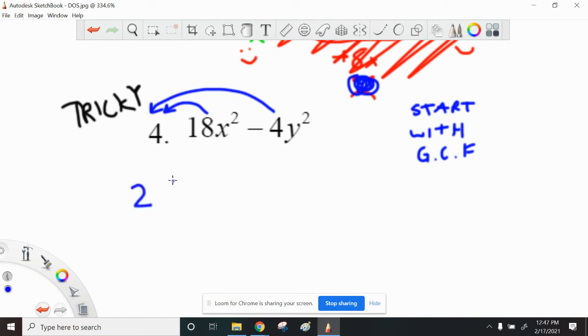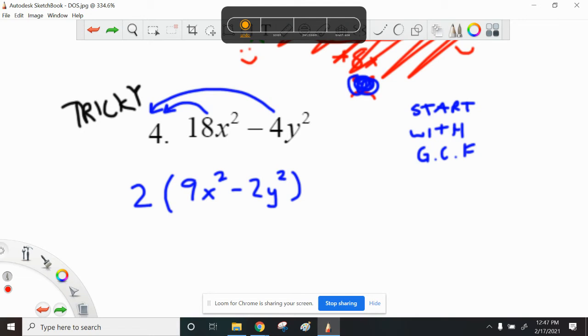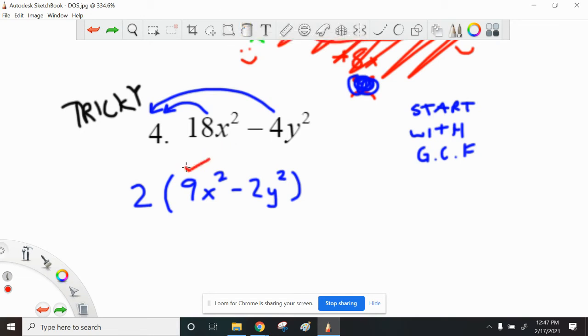A 2. I agree with you. We're going to be left over with a 9x squared minus 2y squared. And so that's good. We have factored it. And now our 18 has turned into a 9. It was not a perfect square, but now it is, right?